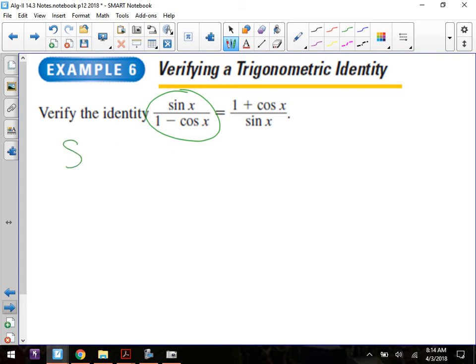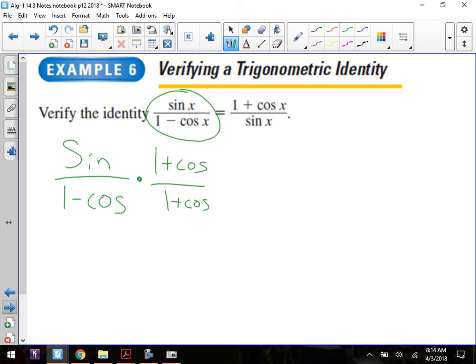It works the same. Sine over 1 minus cosine. What is the conjugate of 1 minus cosine? 1 plus cosine. So if I multiply top and bottom by 1 plus cosine, I'm still multiplying by some factor of 1. It just looks really weird.